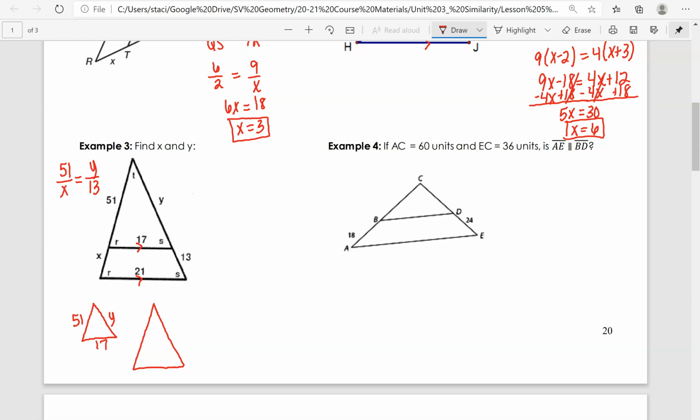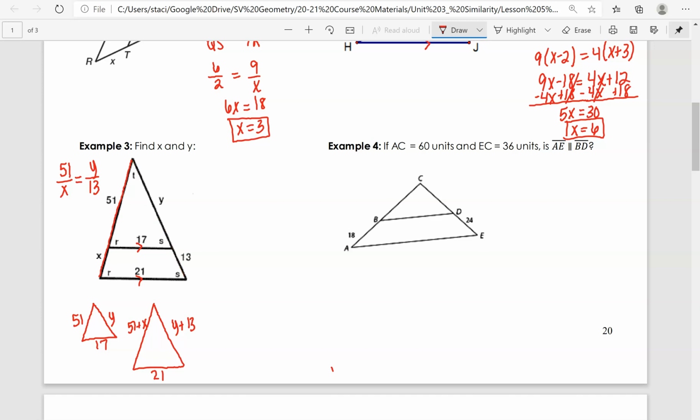Then if I look at the big triangle, this whole side is 51 and the x, so this is actually going to be an expression, 51 plus x. And this whole side is going to be y plus 13. And then the bottom is going to be 21.